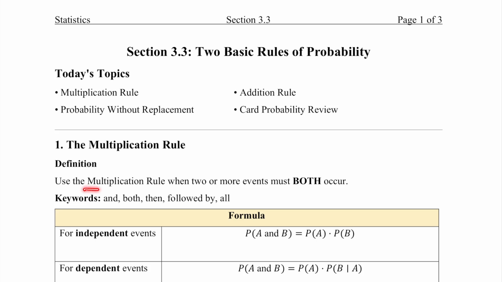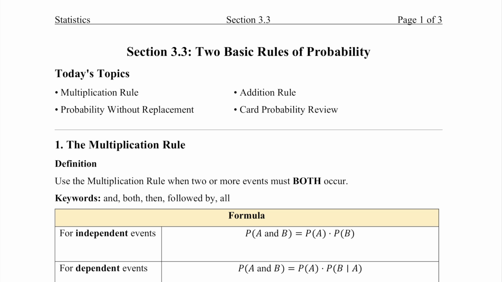The multiplication rule is used when two or more events must both occur. When reading a probability problem, there are several keywords that should immediately catch your attention.